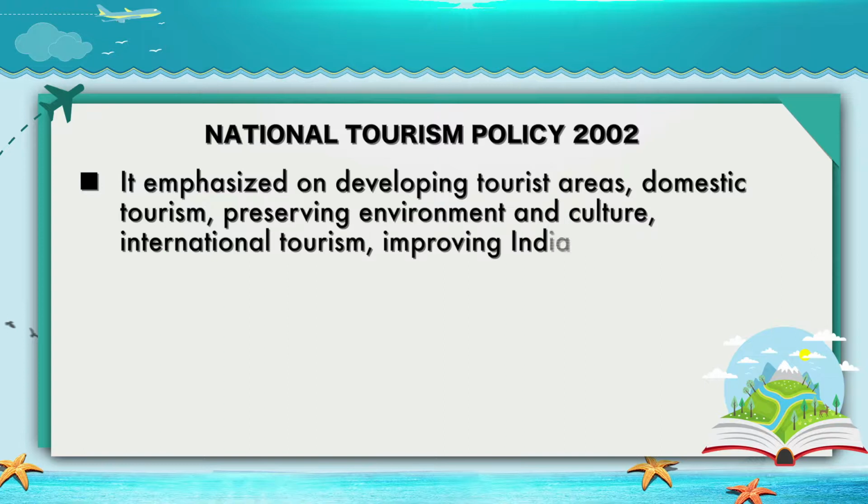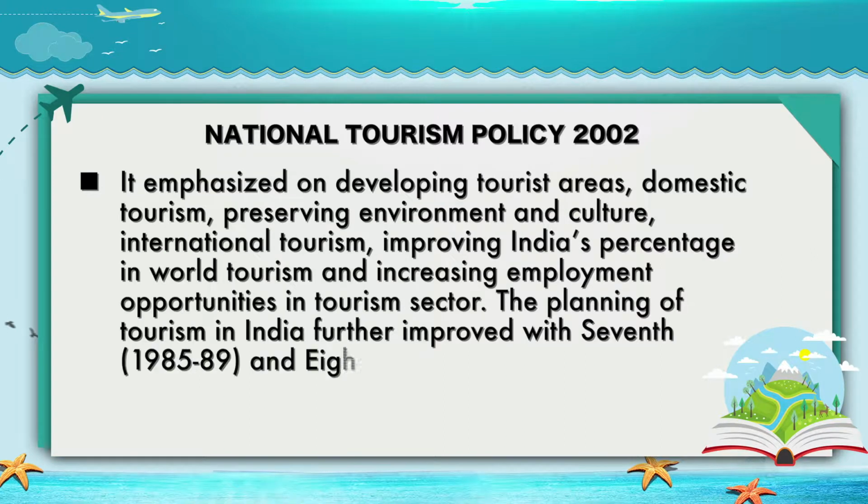It emphasized developing tourist areas, domestic tourism, preserving environment and culture, international tourism, improving India's percentage in world tourism and increasing employment opportunities in the tourism sector. The planning of tourism in India further improved with the 7th and 8th five-year plans.